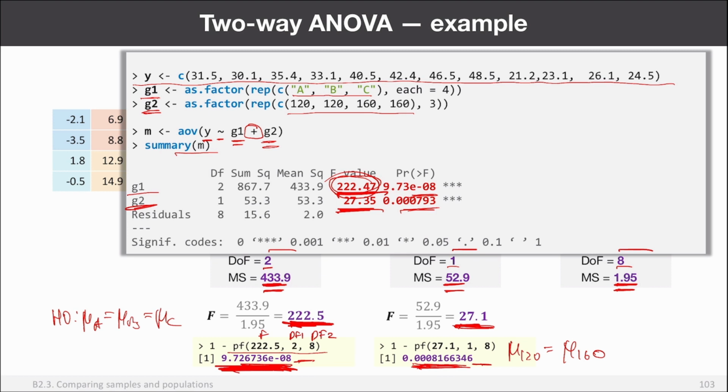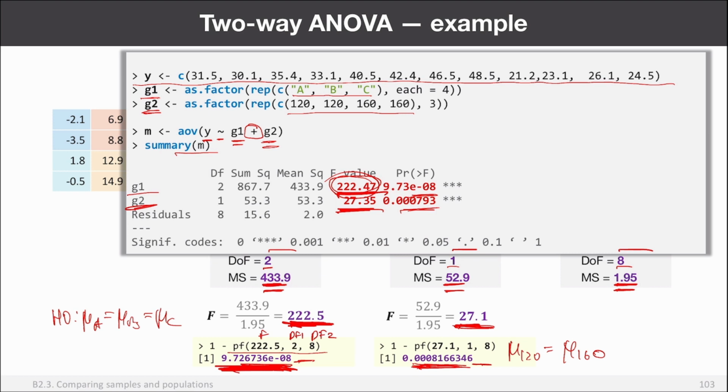Or what happens if we switch from temperature 120 to temperature 160. How much more yield we can get in this case, or less yield we can get. All this information we still miss. We just know that there are effects from both factors, but we don't know how big the effects are.